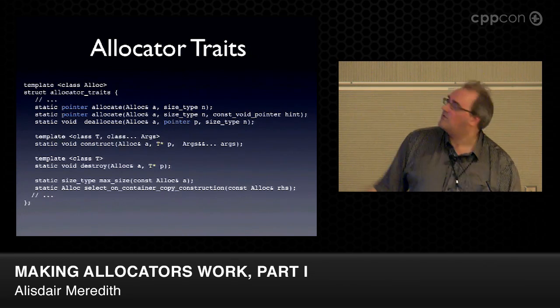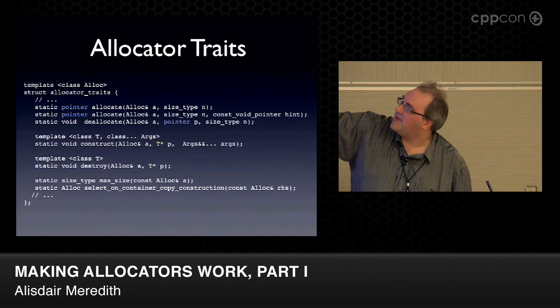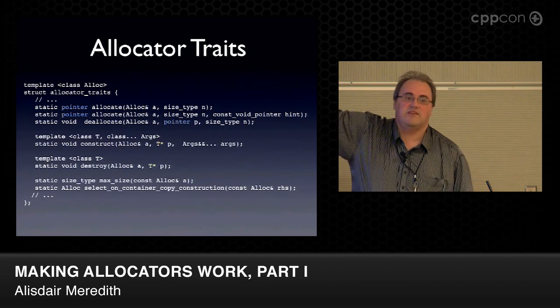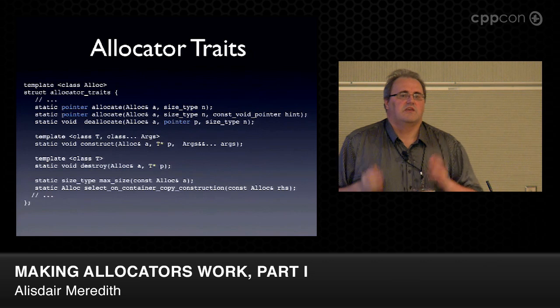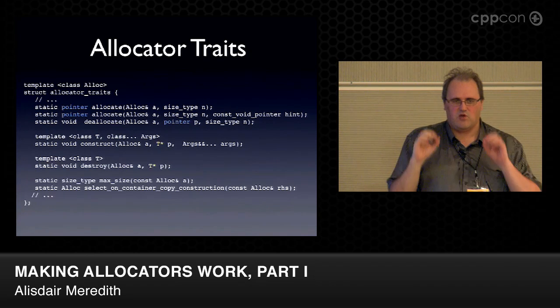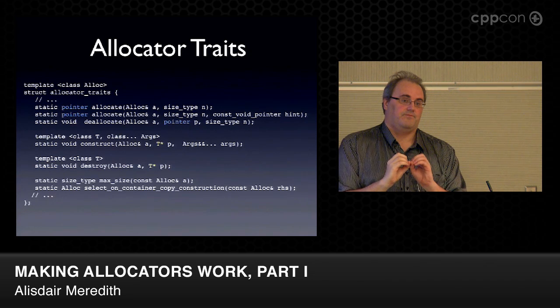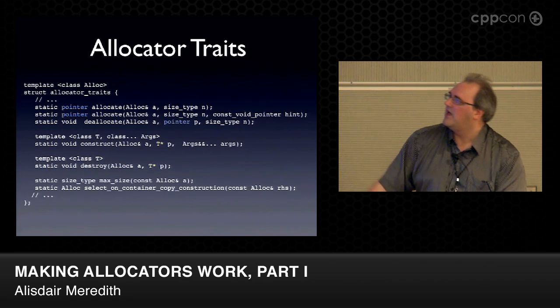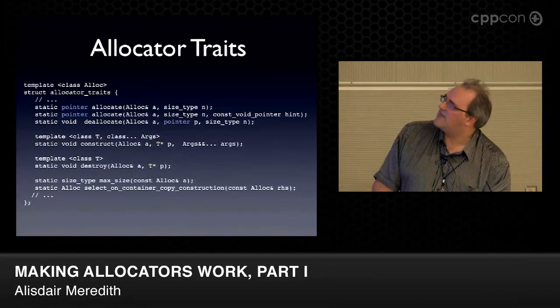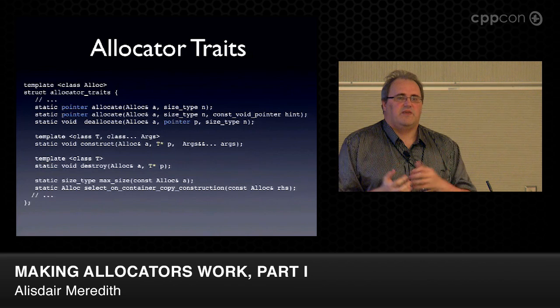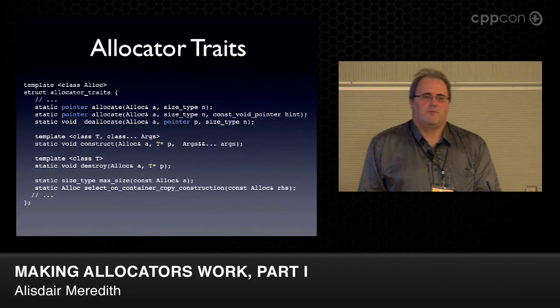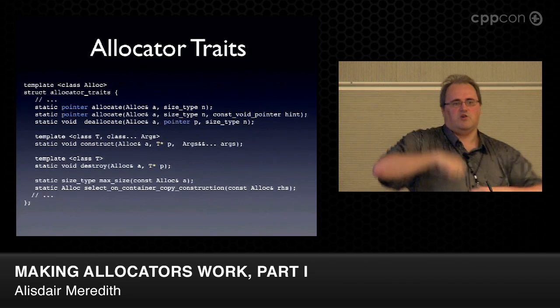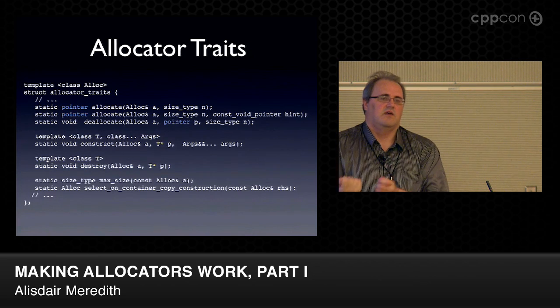But again, you'll notice construct and destroy are trafficking in raw pointers, because at this point, I'm constructing and destroying a specific object in memory. So I need a real address to say that's the object I'm constructing and destroying. And we've templatized what the element is, because that turned out to be much more useful in practice, where I've got an allocator for nodes, but I'm trying to construct the element.